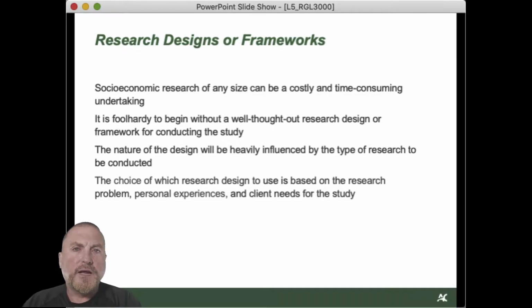And then research design, of course, will be heavily influenced by the type of problem you're investigating or the type of issue you're investigating and the type of research methods you use. And so laying that clearly out in the research design document before you begin builds consensus across a number of things. You know, what data do we need? Where is it located? How are we going to collect it?